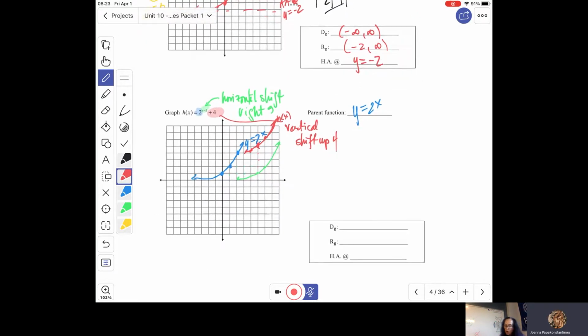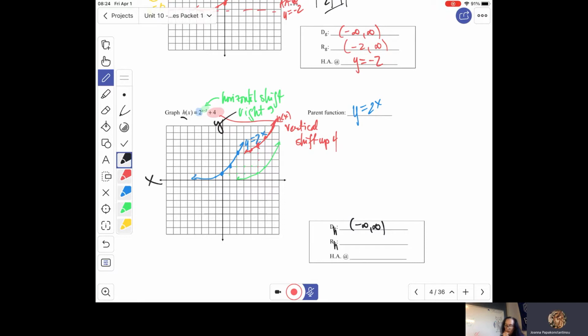Now, knowing what we know about the parent exponential function and the transformations that we've applied to it, what is the domain of h, because this is the function h? Yes, it is all real numbers. Let's go ahead and label our axes. What is the range? What would I have to know to be able to state the range?